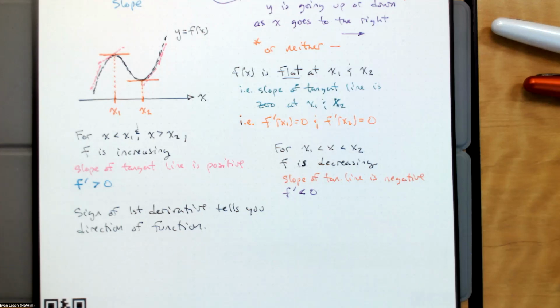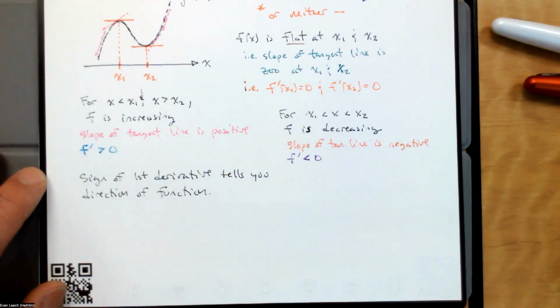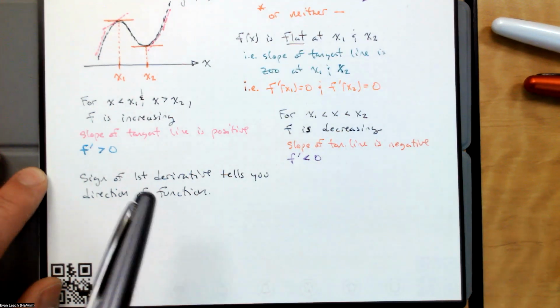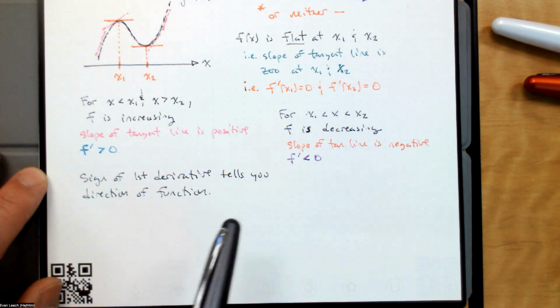Any questions? The sign of the first derivative tells you the direction of the function. The direction of the function will tell you the sign of the first derivative. It will work both ways.